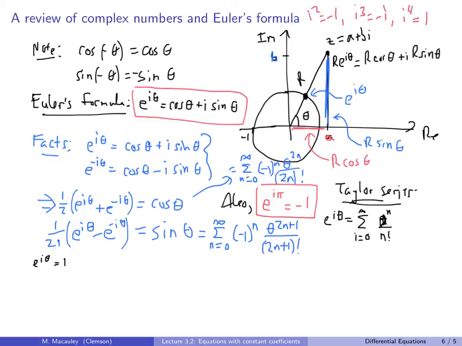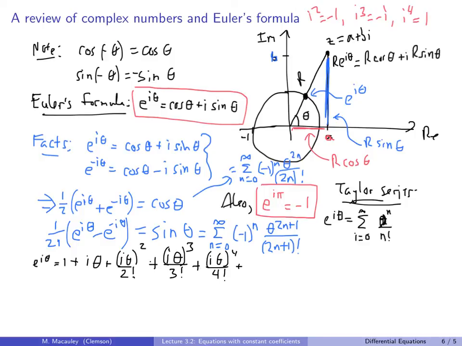So e to the i theta is 1 plus i times theta plus i squared theta squared over 2 factorial, which is just -1 times theta squared over 2 factorial, plus i cubed theta cubed over 3 factorial, plus theta to the 4th over 4 factorial.